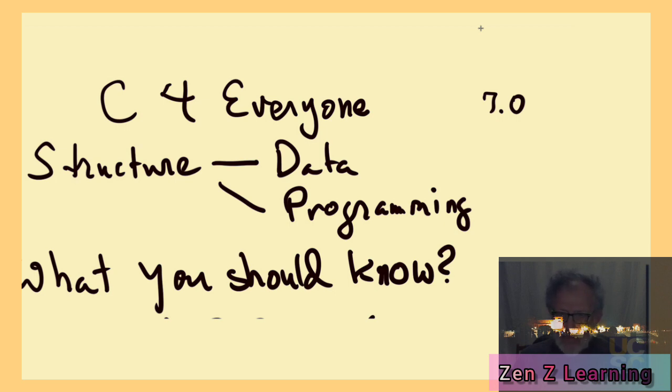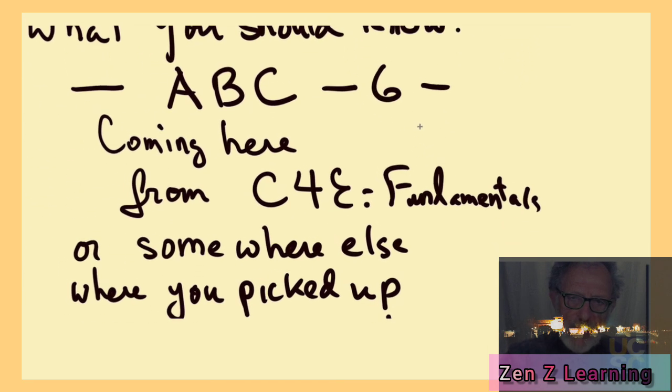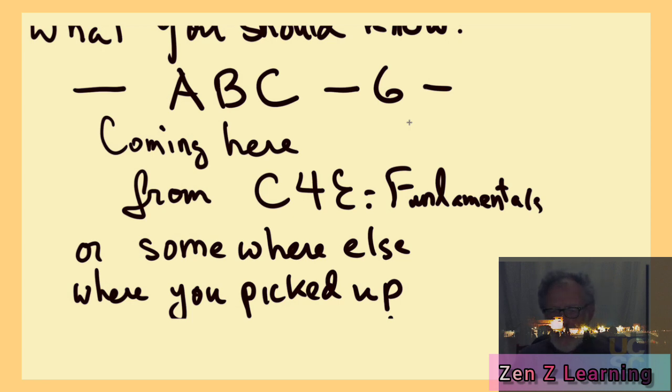But what do you need to know coming into this class? There's several ways to have gotten here. First off, you might be a little rusty and you previously had studied, for example from my textbook, a book on C. Roughly speaking, the first 6 chapters are what have been already covered.